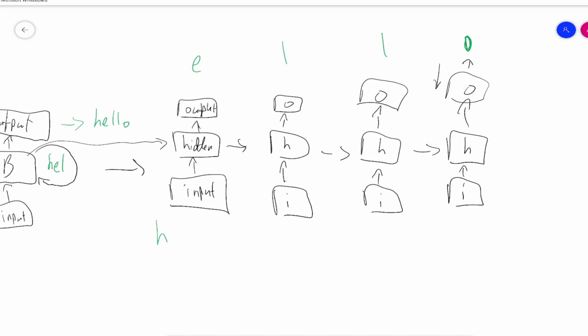Now we're just going to calculate what produced this output, and we're just going to backpropagate through the neural network. We start from the very end because it's backprop, and we say, okay, we produced H at this time. So essentially it just turns out to be like backprop for a feed forward neural network.